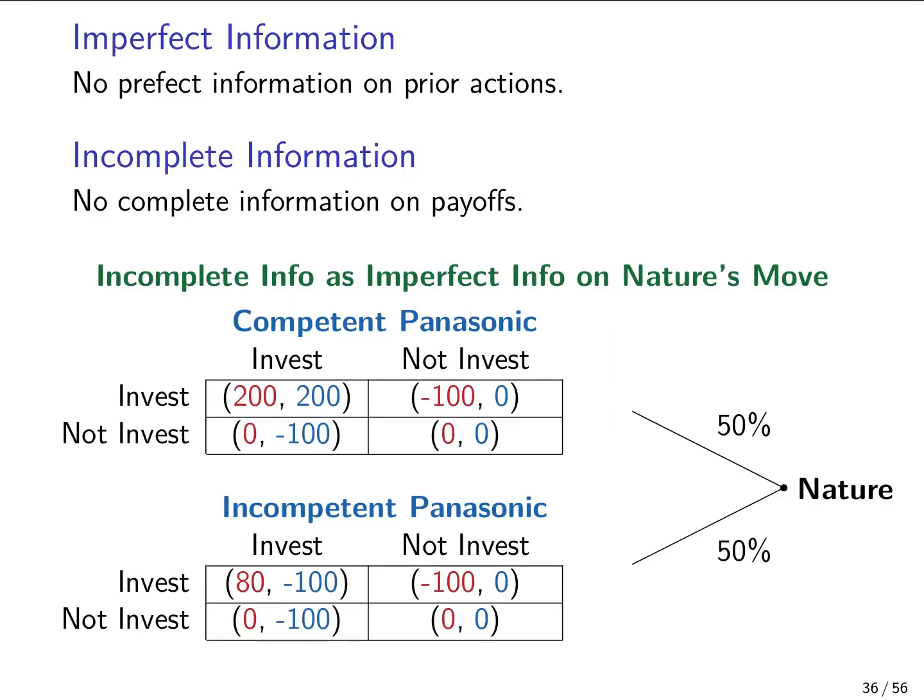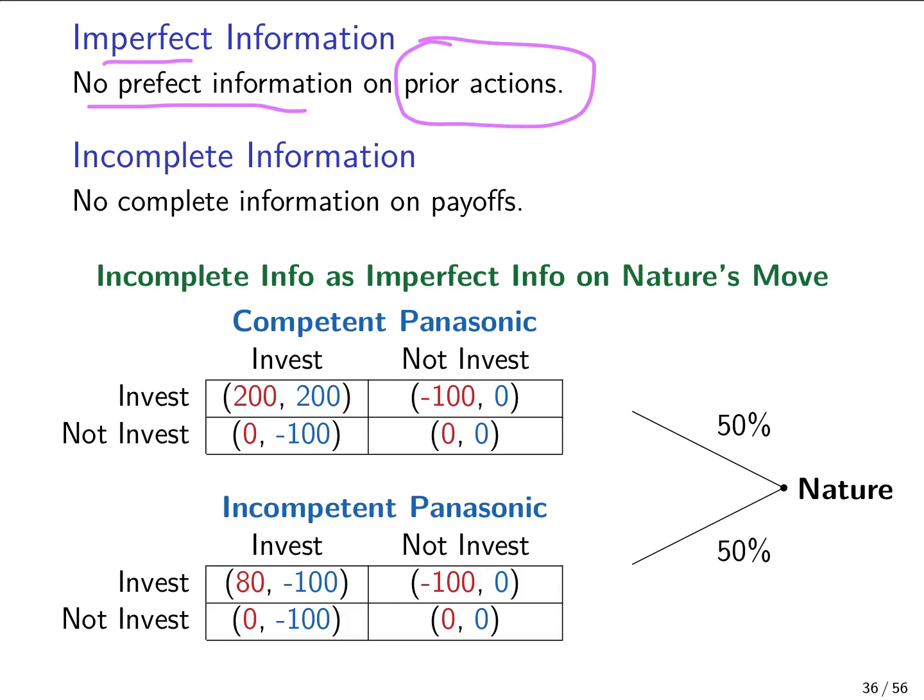Okay, so just to summarize, when we have imperfect information, we're talking about games where we don't have perfect information on prior action, the history of moves before the decision maker.